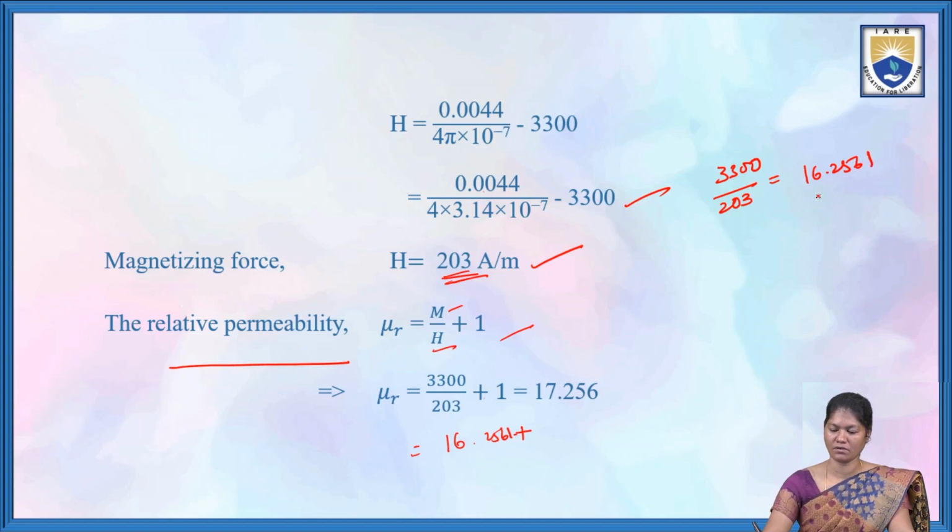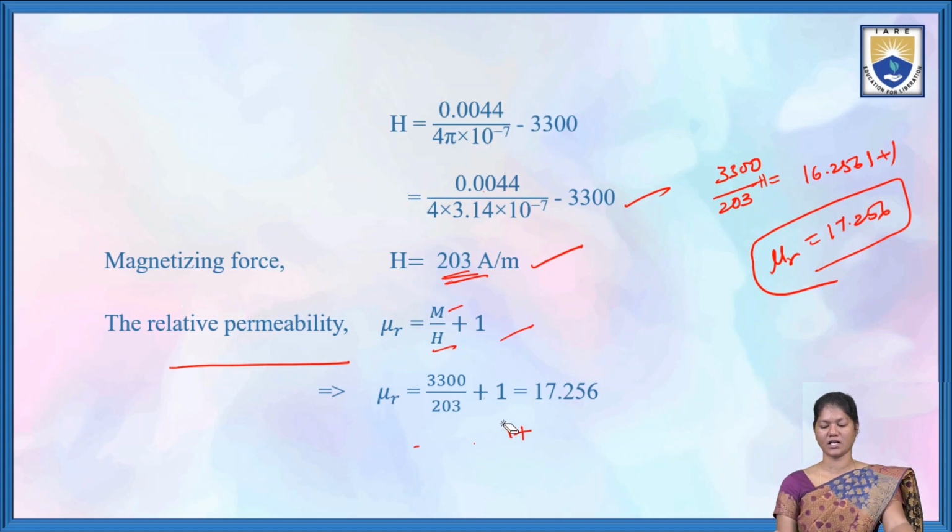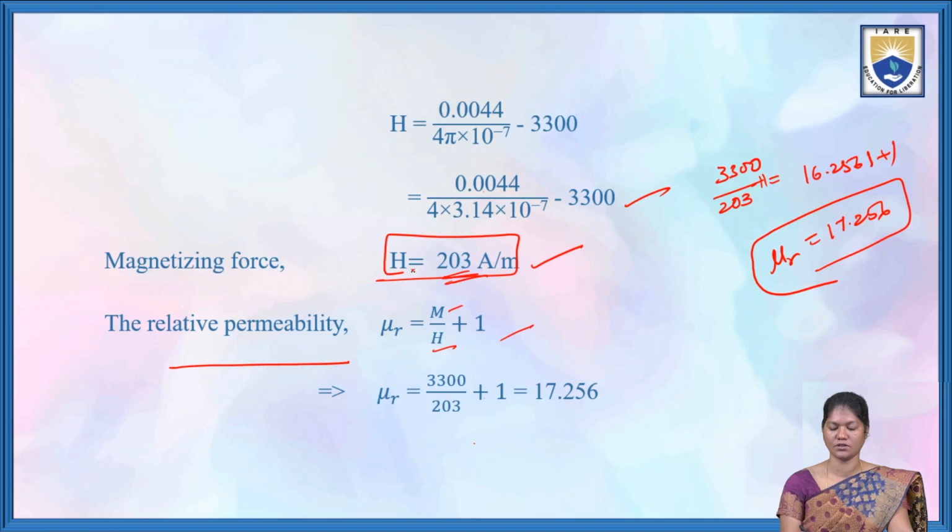Plus 1, we get 17.256, which is the relative permeability asked in the problem. So H is 203 ampere per meter, and mu r is equal to 17.256.